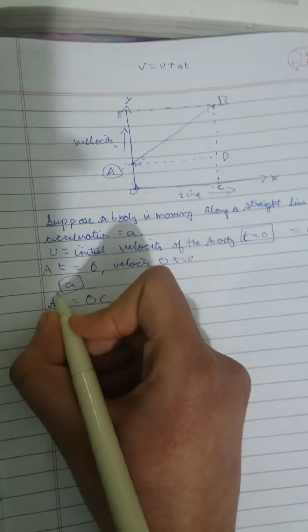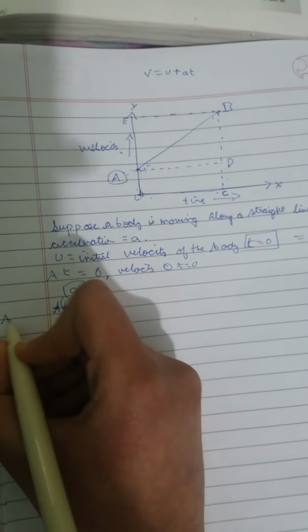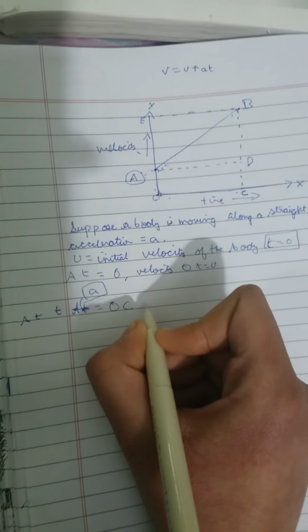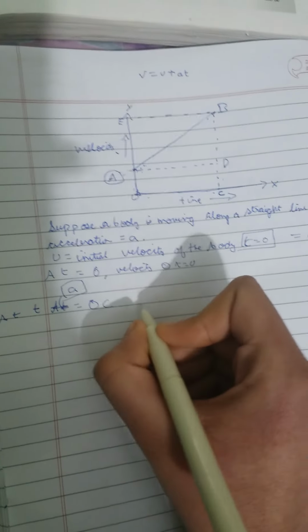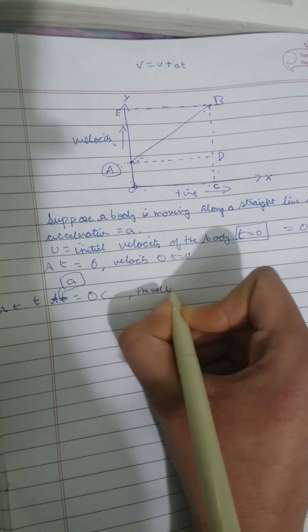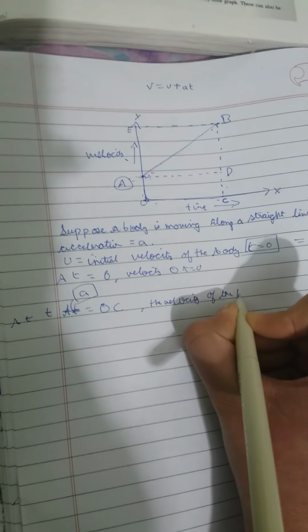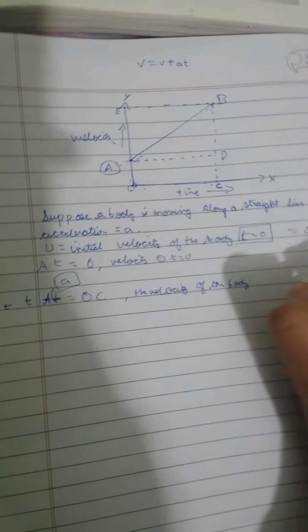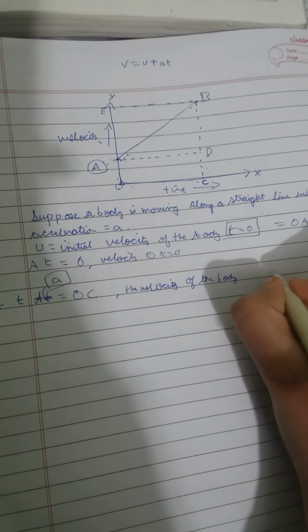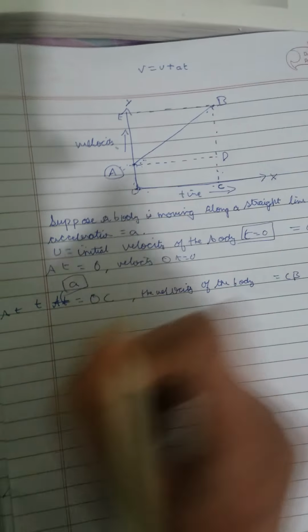At t is equal to OC, the velocity of the body is equal to CB. How?